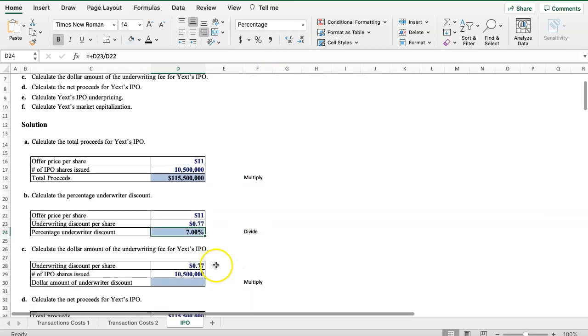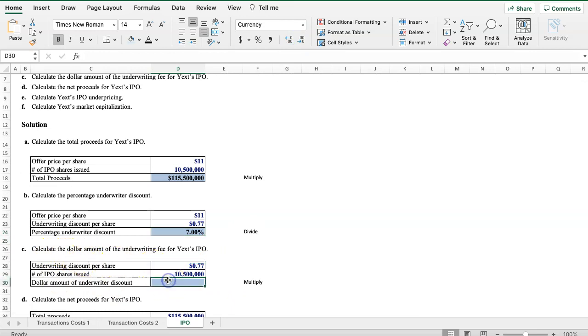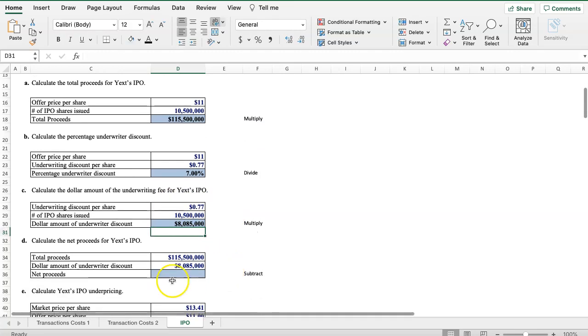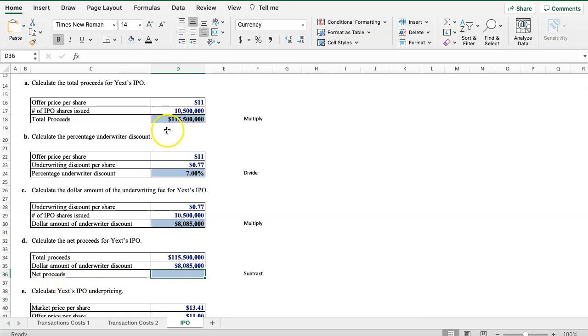Now the C, calculate the dollar amount of the underwriting fee. Again, this is just a simple multiplication of shares times the underwriting discount per share. And then calculate the net proceeds. So that would be the total proceeds minus the underwriting fee.